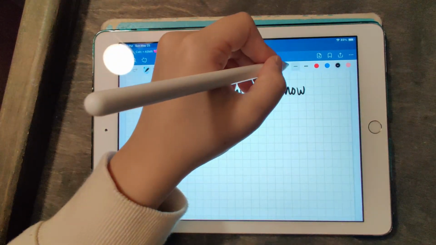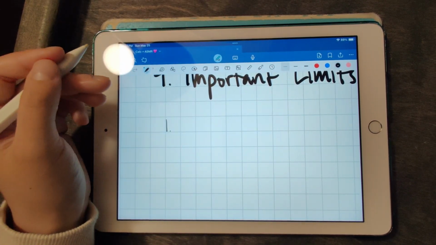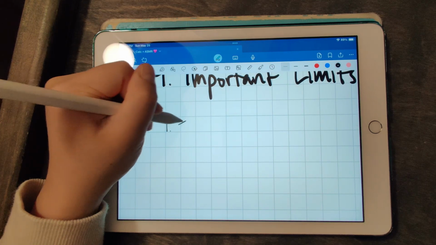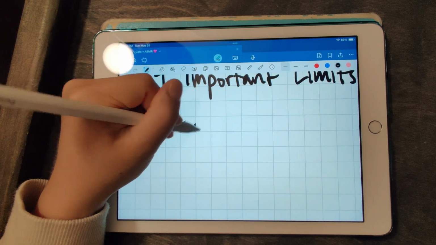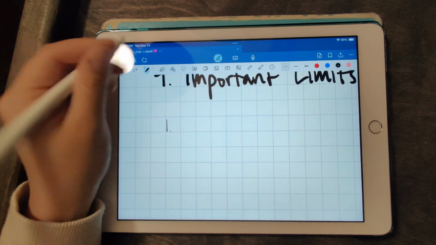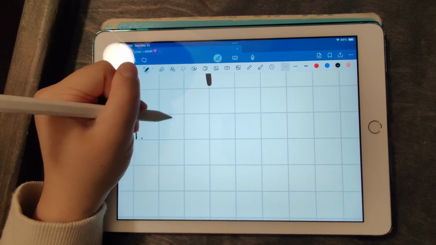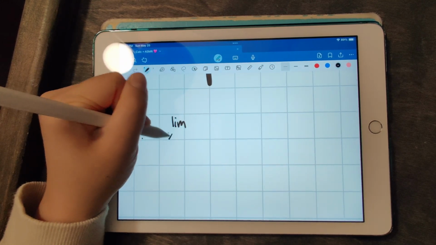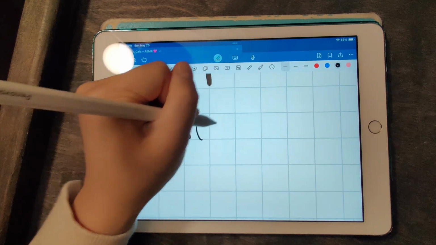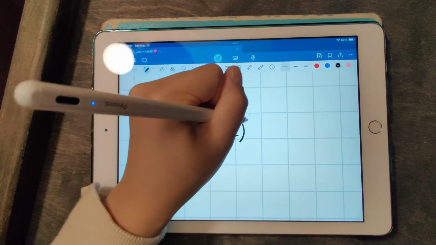The first one is e. You might have heard of e. There are a couple of irrational numbers like pi, and there's e. But essentially e is the value of a limit. Specifically, e is the limit as x approaches infinity of 1 plus 1 over x, to the power of x.